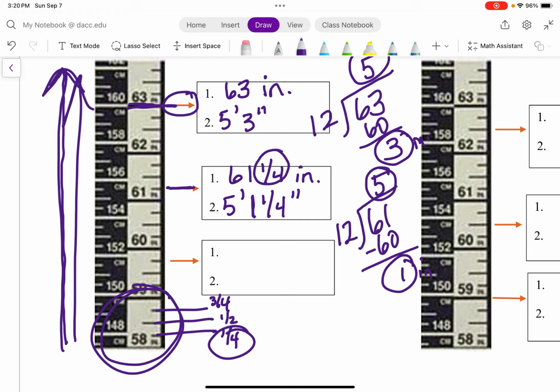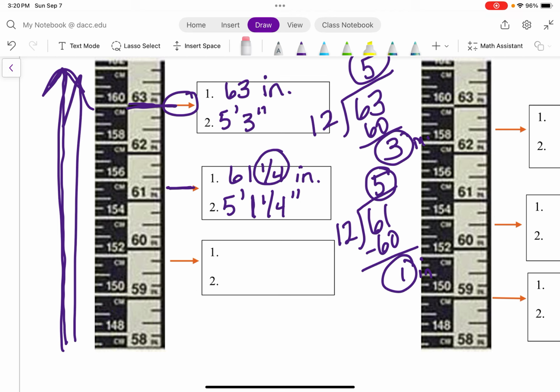Let's do one more, and I'm going to get rid of this so we have room. So this next arrow, okay, it's on a line between 59 and 60. Which line after 59? It's 1, 2, 3. So we know that this is 59, the third line, 3/4 inch.